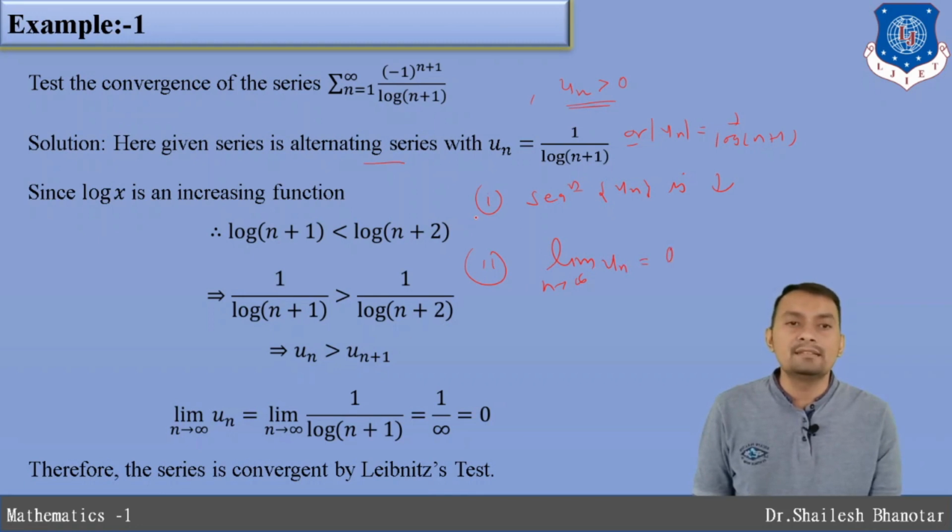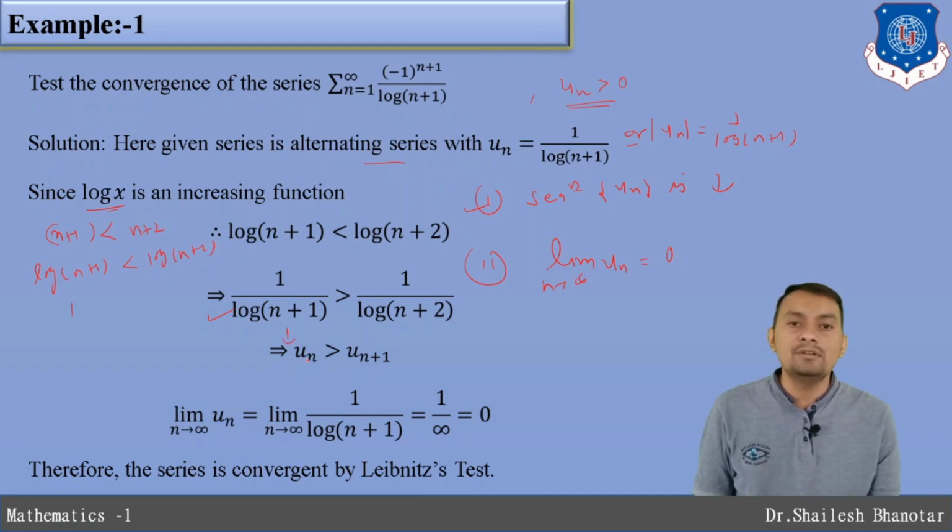For that purpose, clearly the logarithm function is an increasing function, as you all know, and n plus 1 is less than n plus 2, which you can clearly observe. But the log function is increasing, so we can say log(n plus 1) is less than log(n plus 2). When you take the reciprocal, you are going to get 1 divided by log(n plus 1) is greater than 1 divided by log(n plus 2).